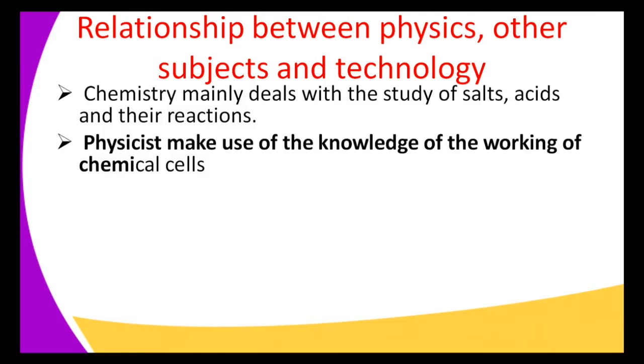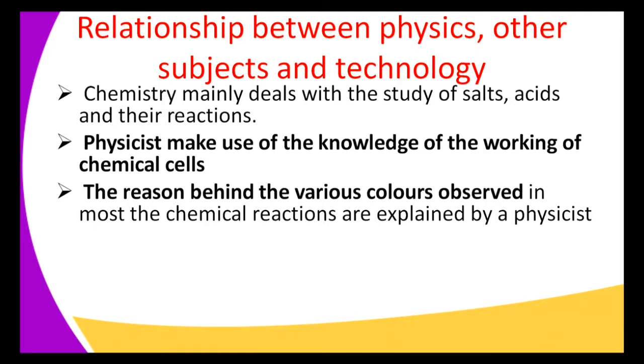This working of chemical cells is borrowed heavily from chemistry, from the chemical reactions that take place. Chemical reactions generate the reactions, and these are then tapped by physics to help explain how a chemical cell will work. That's how they relate.